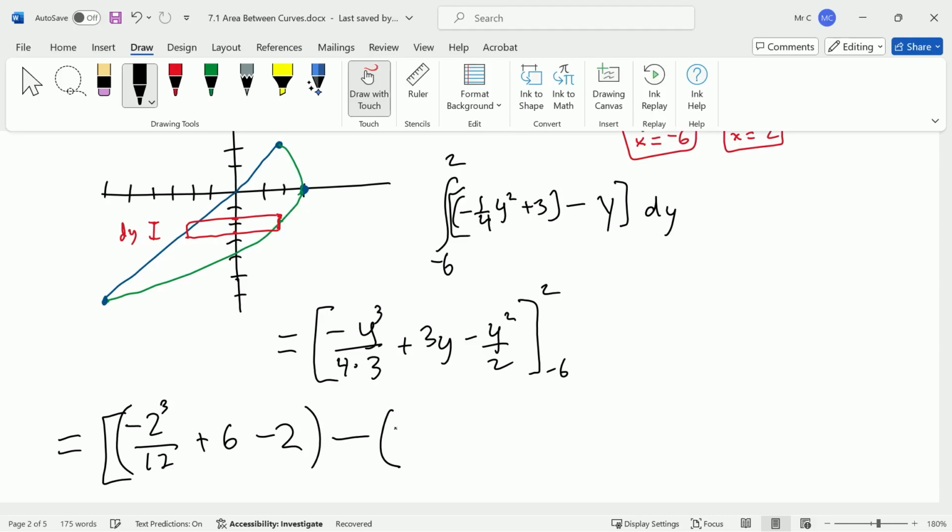minus -6 cubed over 12 plus 3y, but that's going to be -18 minus -6 squared over 2.